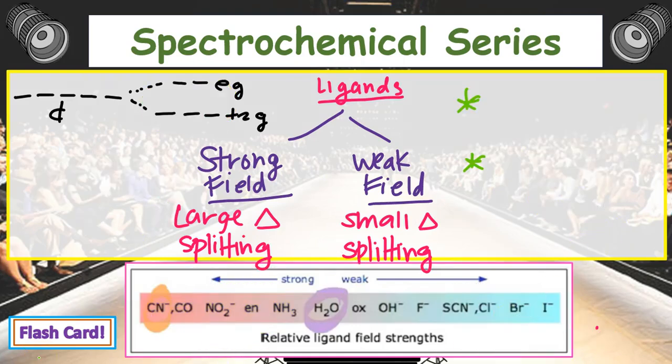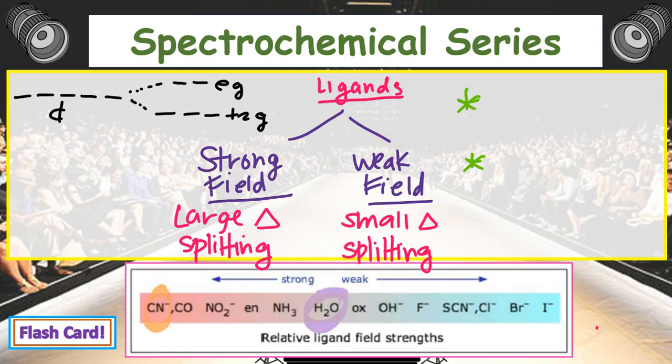Just to be clear, we cannot predict the actual color of a given complex ion, but we can determine whether it will absorb long or short wavelengths, based on whether it has a strong field ligand or a weak field ligand. We can then use that to help figure out the complement colors that it may absorb or transmit.